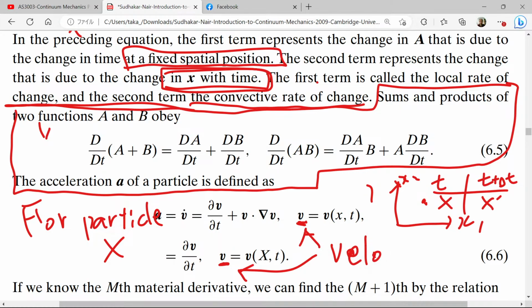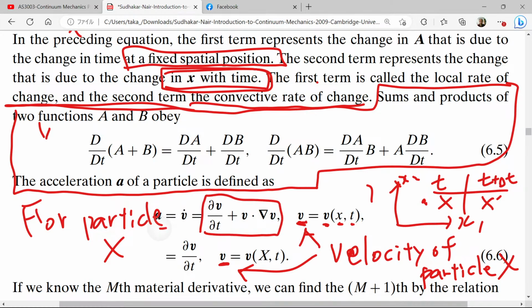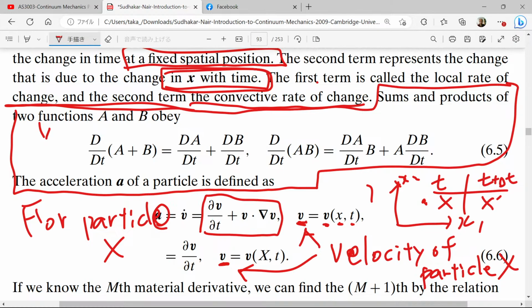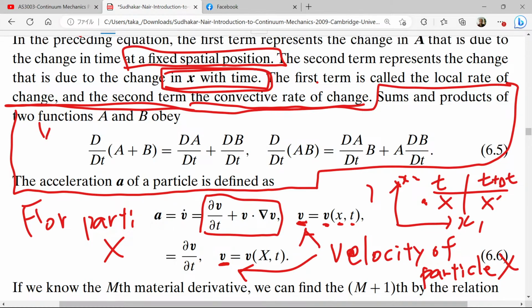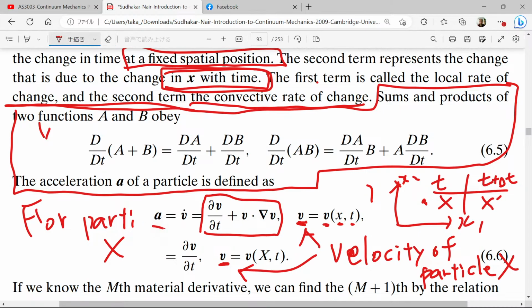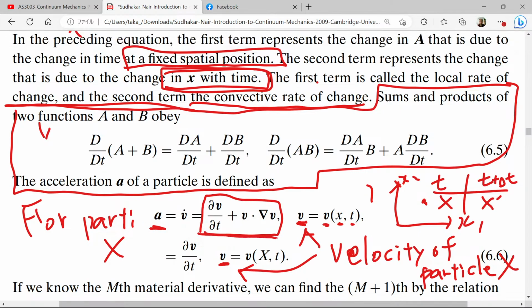This is velocity of particle x. These V are same V, okay? But then if you express this V in terms of small x and t, you have to use this equation to obtain acceleration. Yeah, to obtain acceleration, you have to use this equation.